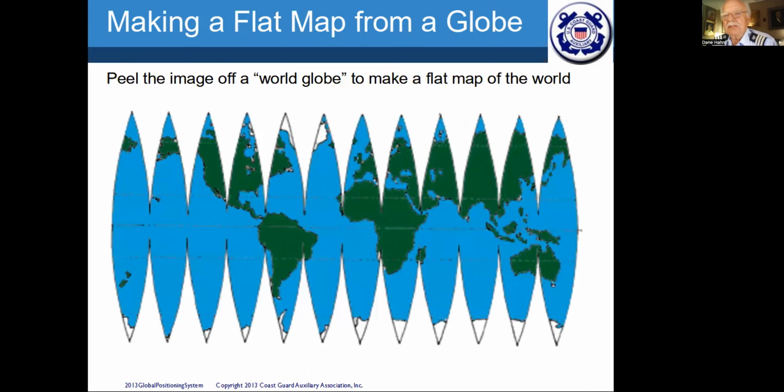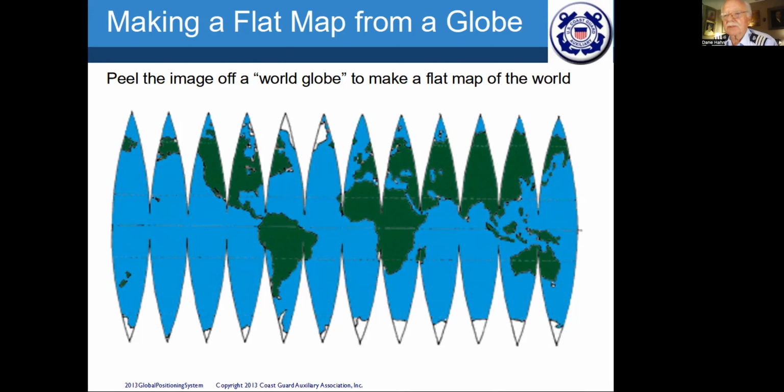If you had peeled the paper or plastic or whatever they use to print this off your globe carefully, it would look about like this. This is the first effort that cartographers, map makers had made to try and depict a globe on a flat surface.